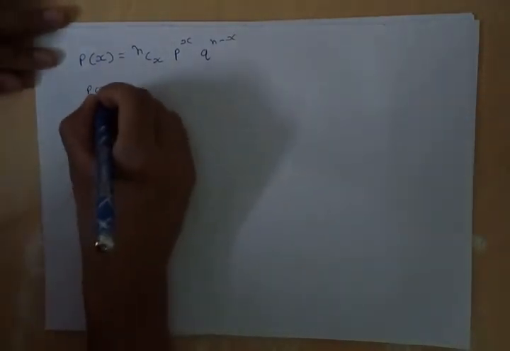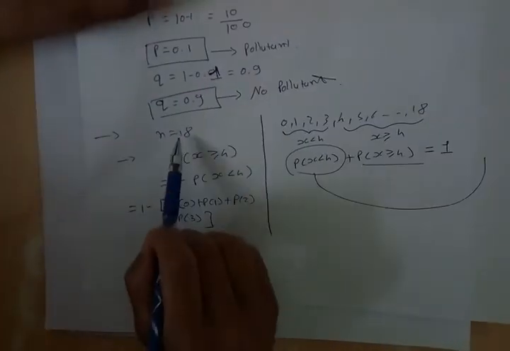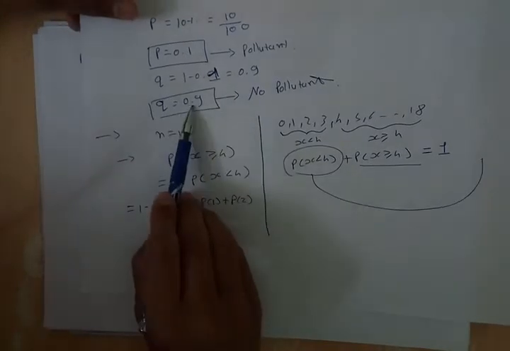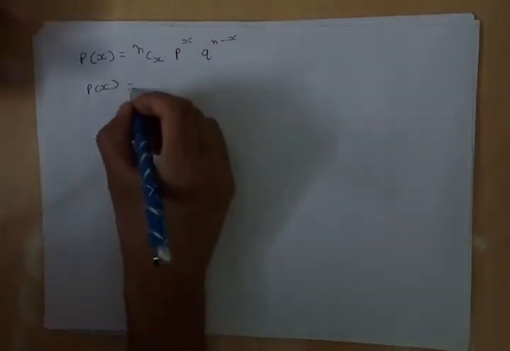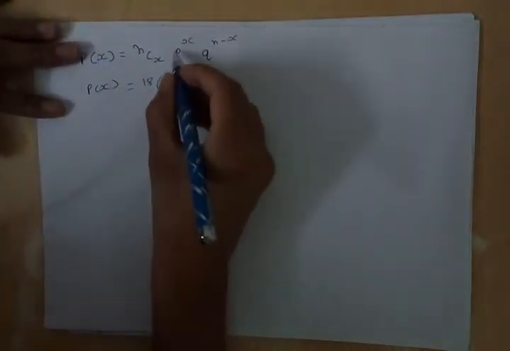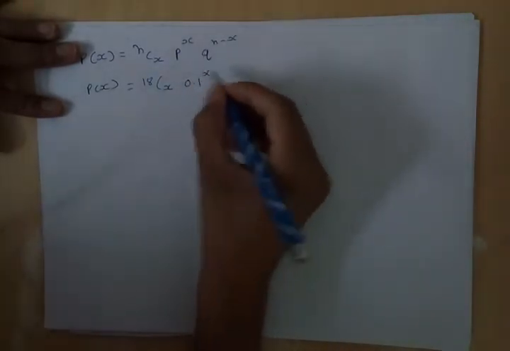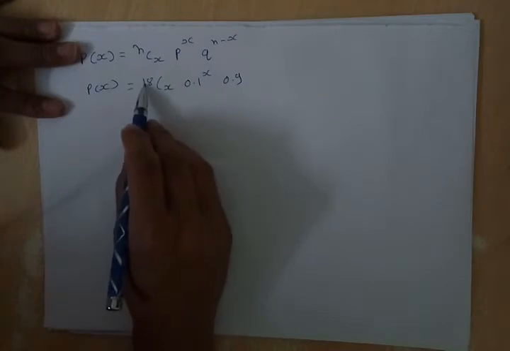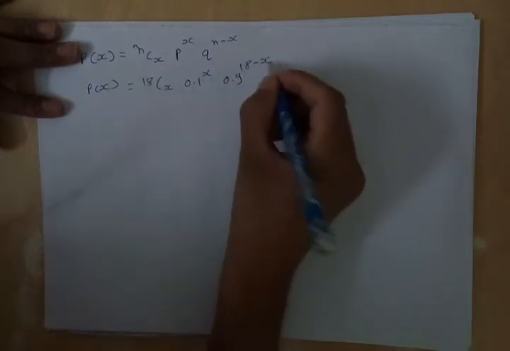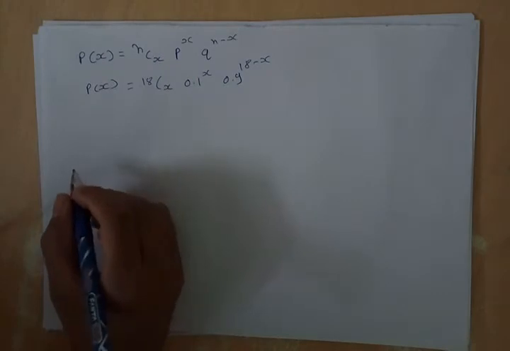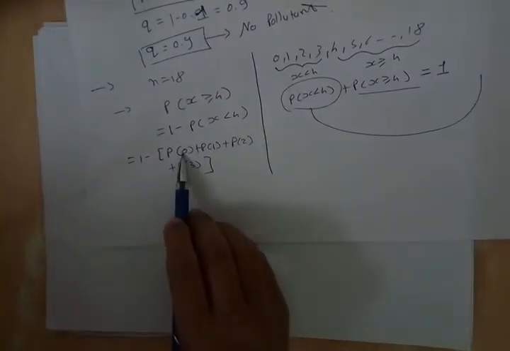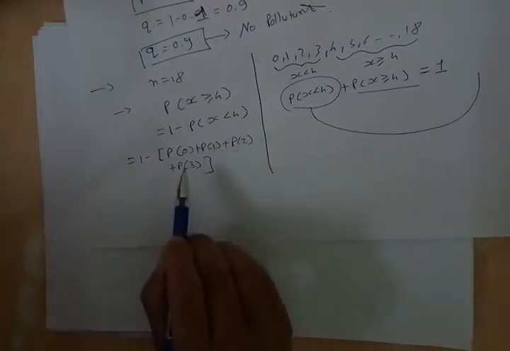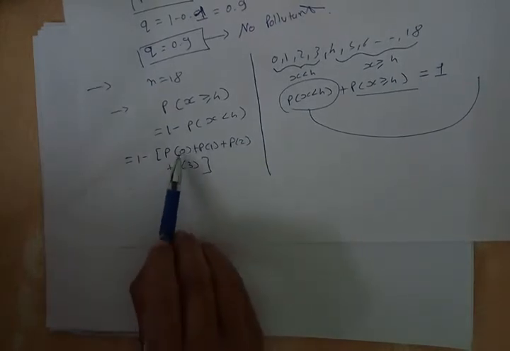Now we already have values of some coefficients here. n is equal to 18, p is equal to 0.1 and q is equal to 0.9. So nCx, 0.1 raised to x, and 0.9 raised to 18 minus x. Now we can easily calculate P of 0, P of 1, P of 2 and P of 3 by just putting the value of x in this equation.